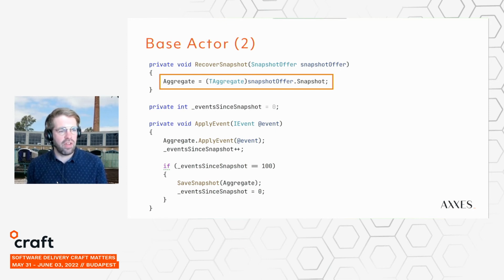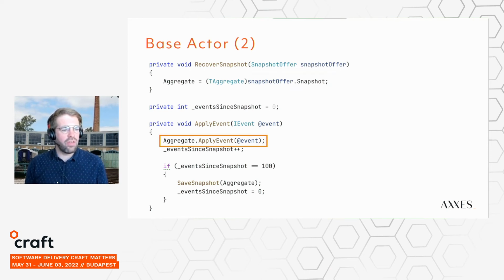We're going to cast the snapshot to the right aggregate type and replace the aggregate inside this generic actor. If we're getting events, what we're going to do is we're just going to call the apply event method on our actor.